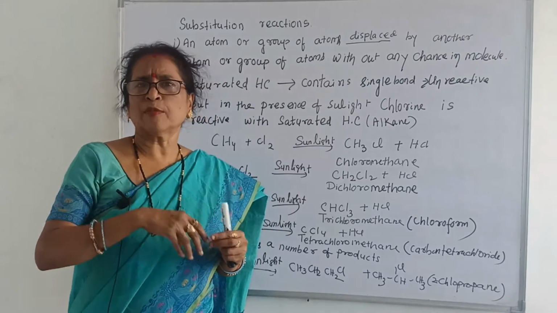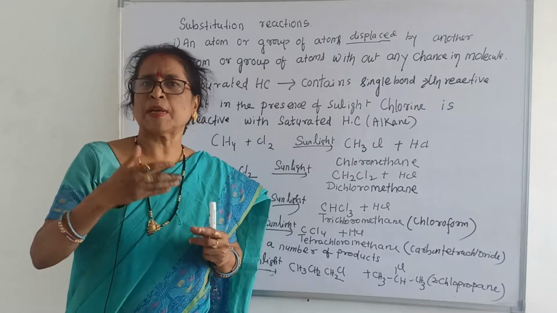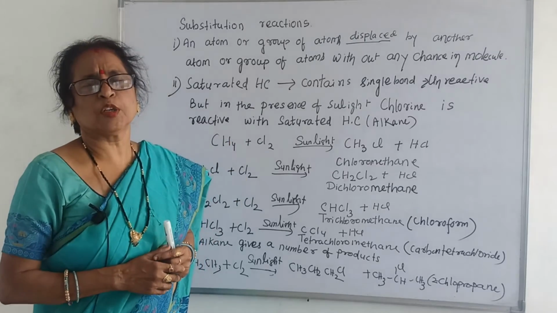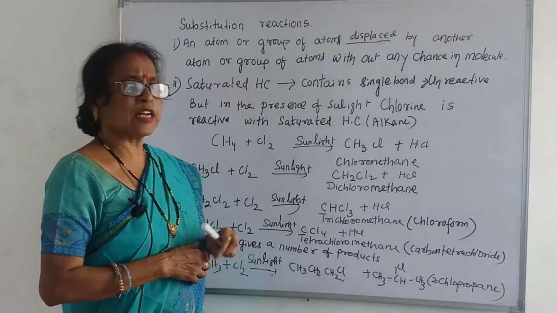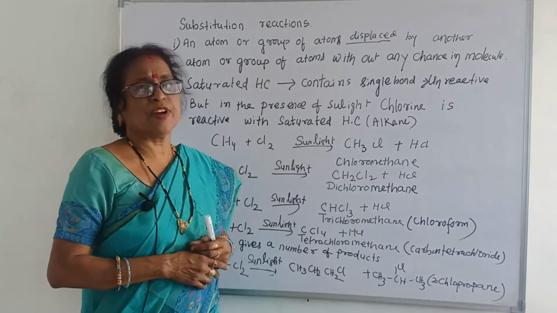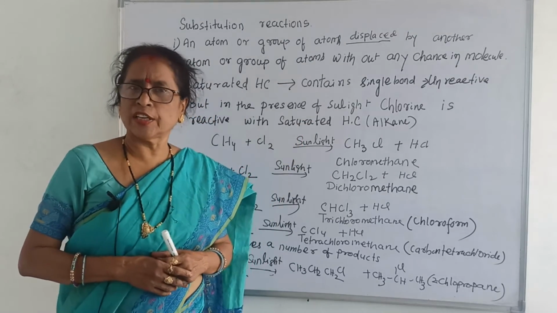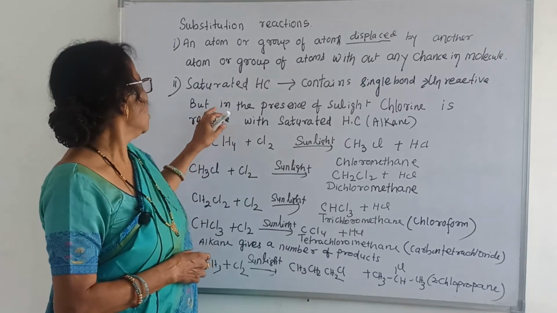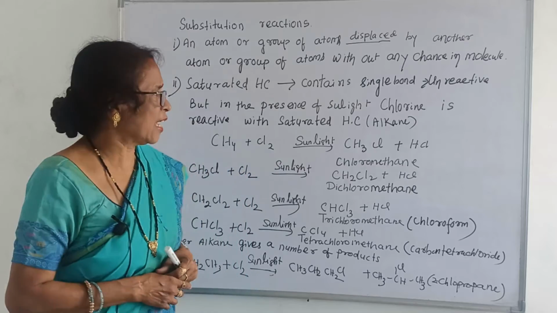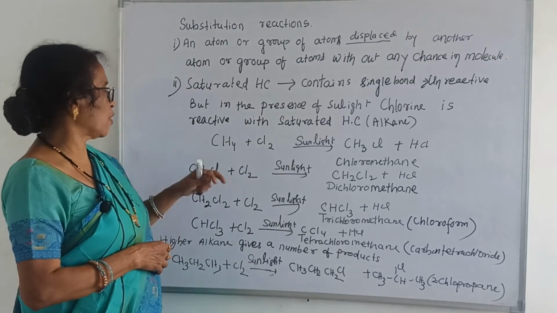One atom or group of atoms is displaced by any other atom or group of atoms without change in the molecule structure. Example, alkanes are very unreactive, they are called inert, paraffin, alkane. In the presence of sunlight, chlorine is very reactive towards alkane.